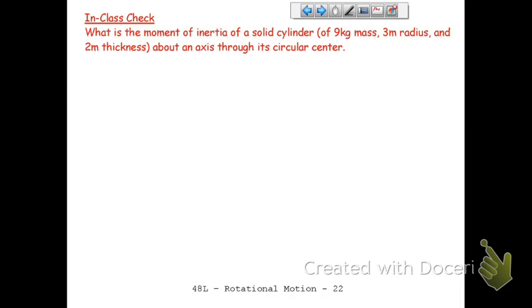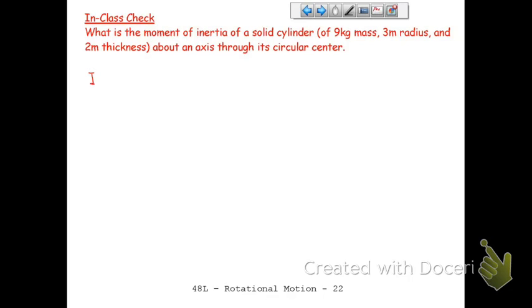What is the moment of inertia of a solid cylinder of 9 kilograms and 3 meters radius and 2 meters thickness about the axis of its center? Now I might just ask you what the moment of inertia is. I expect you to know 3 equations.